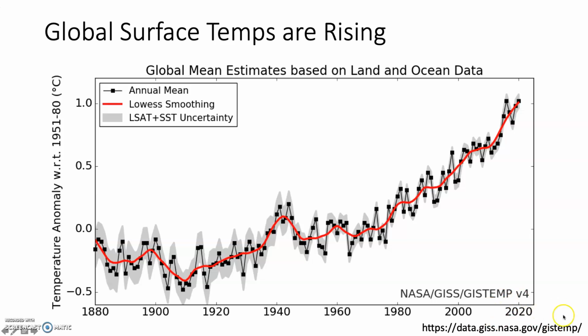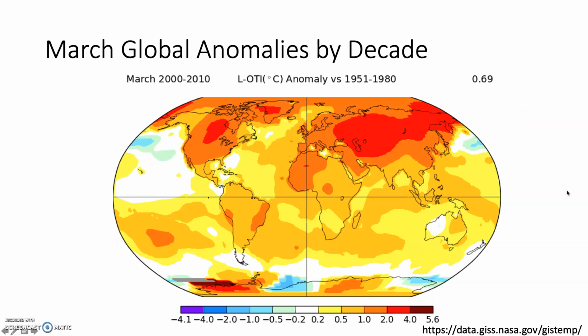At this same website, which I recommend poking around if you'd like, because you can make your own maps, we can look at global anomalies by decade. So I made this map looking at March global temperatures from 2000 to 2010. And what I like about this map in particular is it's color-coded.